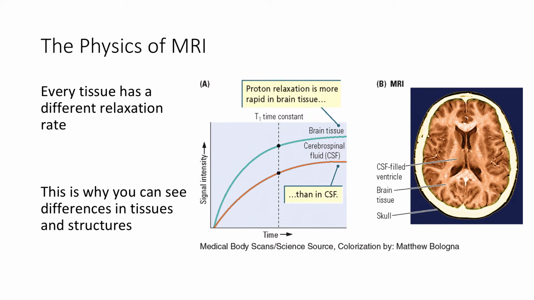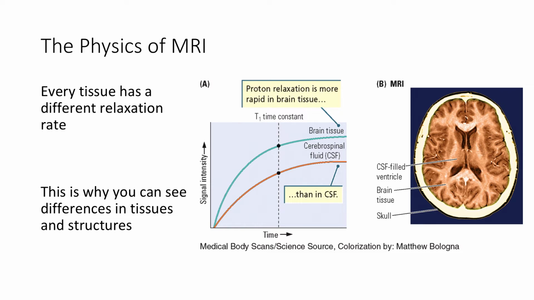Protons in different tissue types have very different relaxation rates. For example, CSF or cerebrospinal fluid has a much slower relaxation rate compared to brain tissue. So we can translate these different measurements into brain image gradients. Some will be darker and some will be lighter.